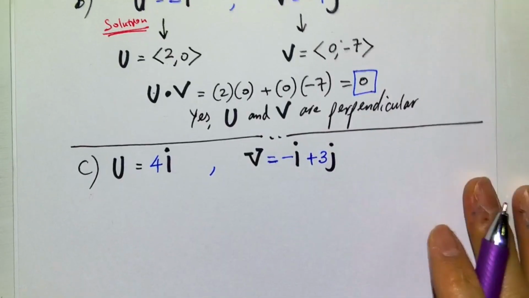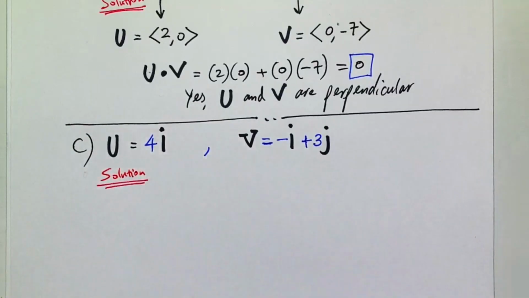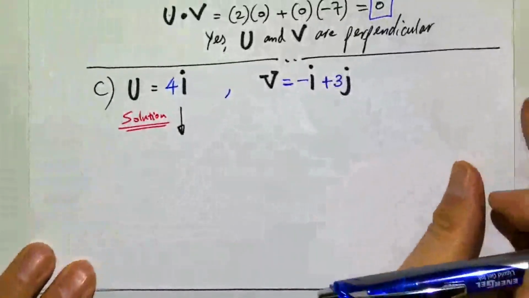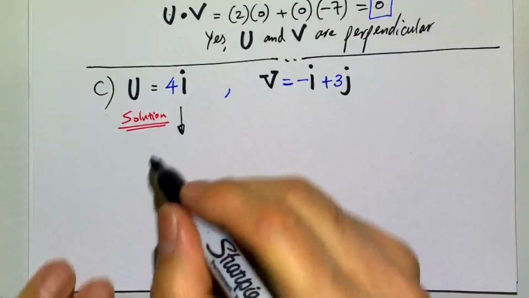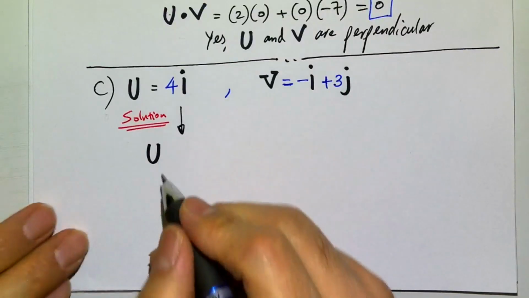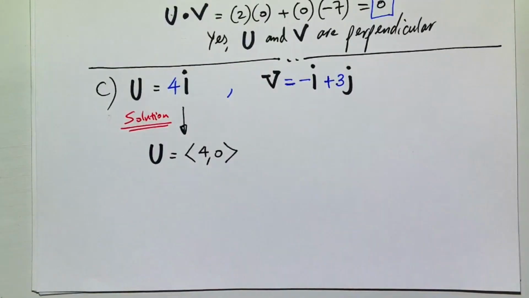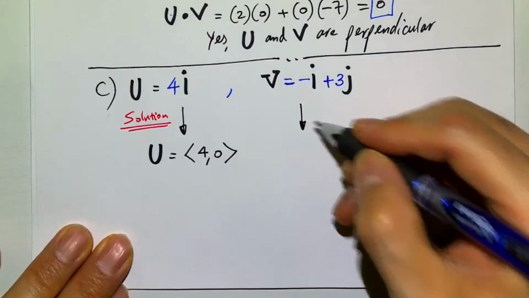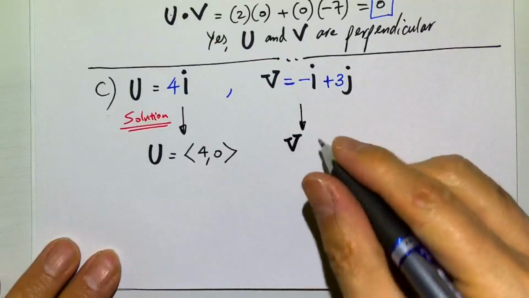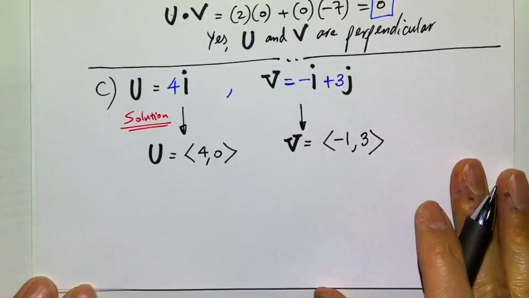Okay. So from here, let's write the vector component form. We have u that is equal to 4 comma 0 and v, vector v, that is equal to negative 1 comma positive 3, right?